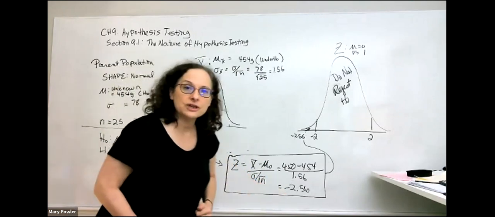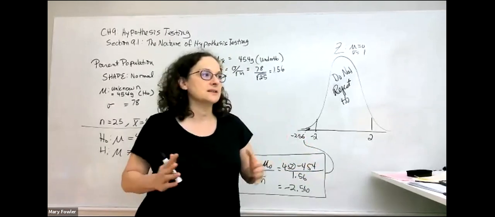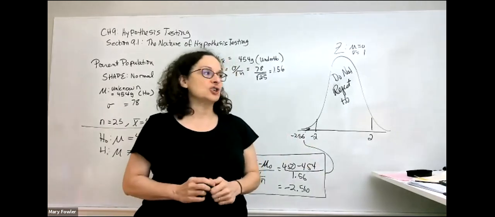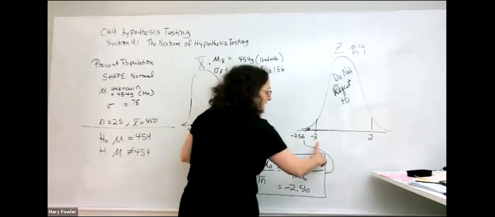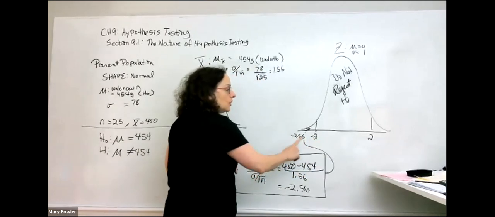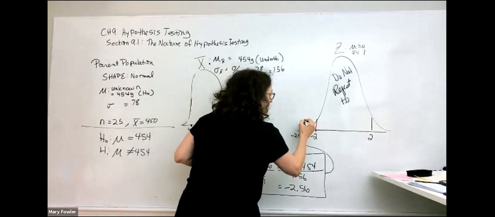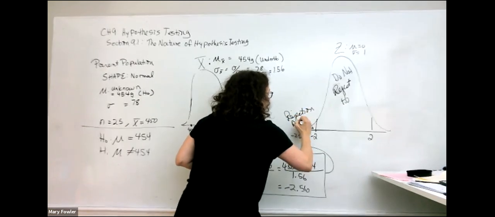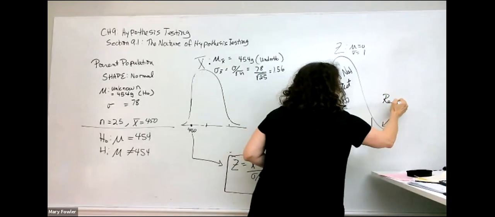Our rejection region was the set of values for the test statistic that leads to the rejection of the null hypothesis. So our rejection region was anything less than -2 or greater than +2. I'm just going to note it here: the rejection region is actually a 2-part region.